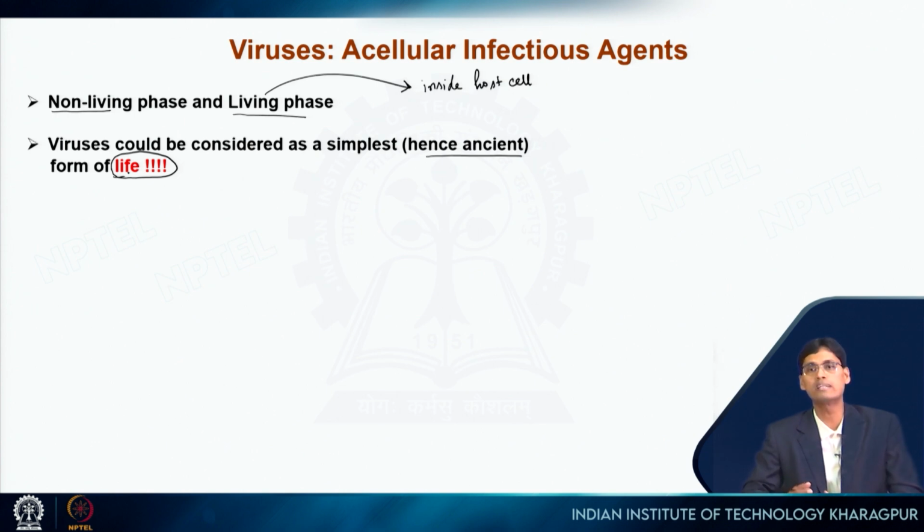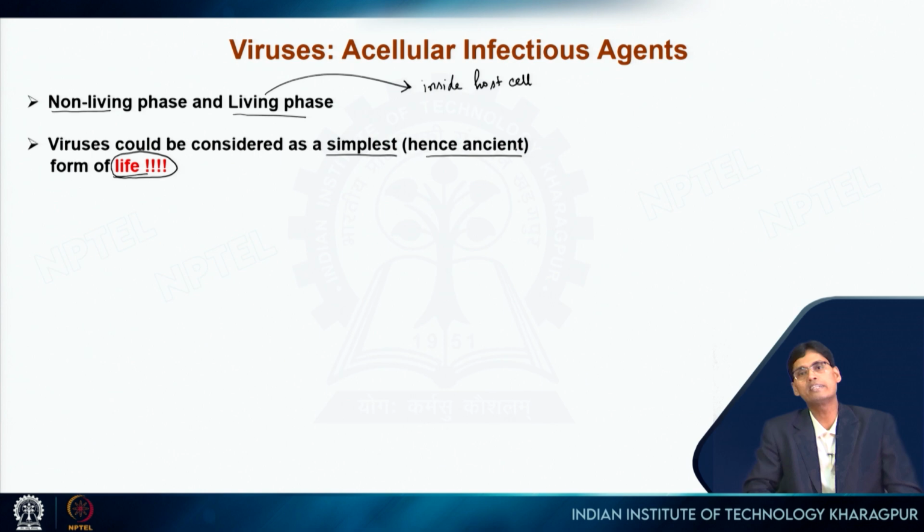For example, it can multiply itself, but truly it is not a living system in that way. It is simplest because it does not have much complexity, only some nucleic acid and protein, that's all. And hence I am mentioning ancient here because it is simplest.